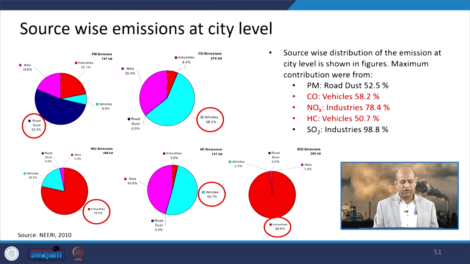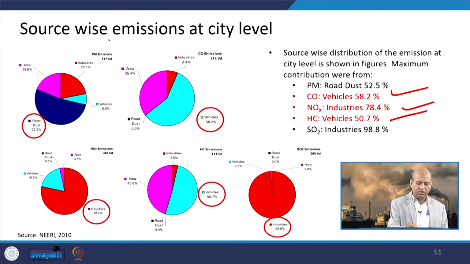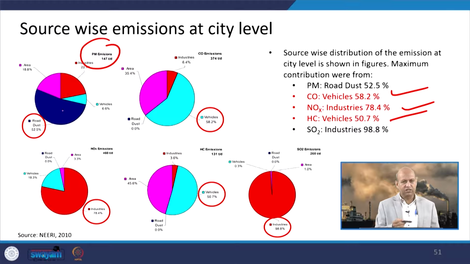Source wise emissions at the city level also show that CO, NOx and hydrocarbon emissions are dominating. PM emissions, like 52.5, come from road dust basically, which is the major source. For CO emission, vehicle categories are the most, and second is area source.